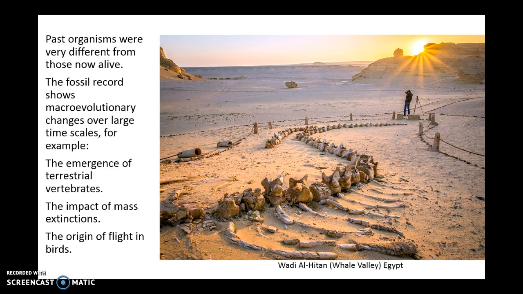And of course it's in the middle of the desert, and so the idea was that this was all underwater at one time. And so fossil records can show this concept of macroevolutionary changes, because fossil records are going to show large periods of time and vast changes.